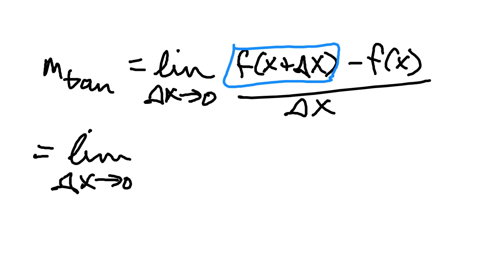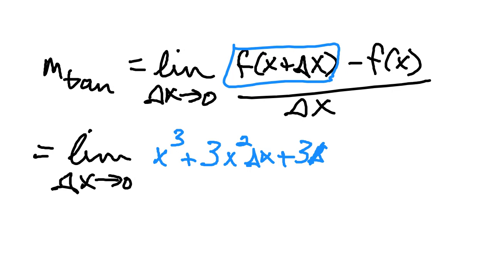But in blue, what I had just done on the previous screen, I should be able to remember, but it's x cubed plus 3x squared delta x plus 3x delta x squared. It doesn't matter which one's first, or 3 delta x squared times x, and then plus delta x cubed.